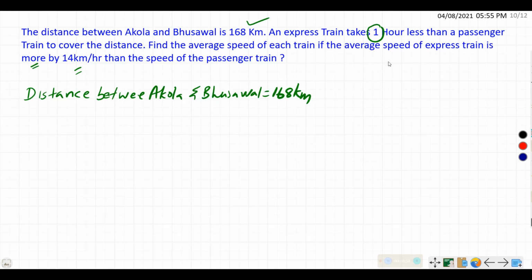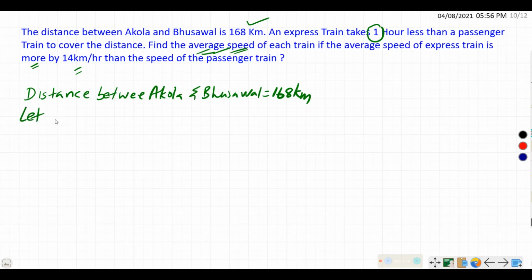We are asked to find out the speed of each train. So we need to assume. Let us assume the speed of passenger train as x. We will assume like that. Okay.